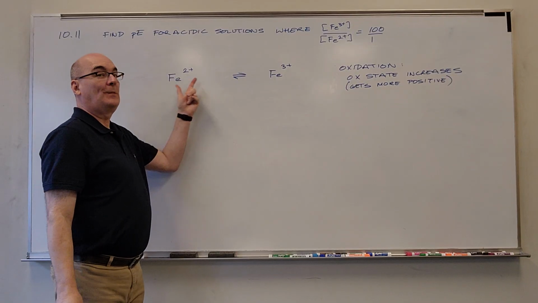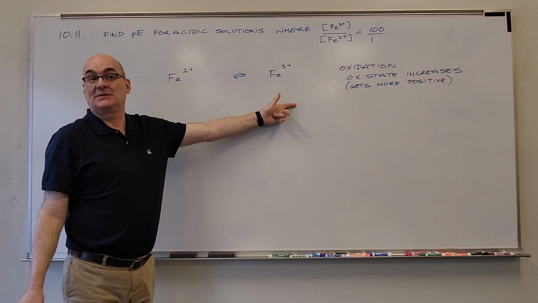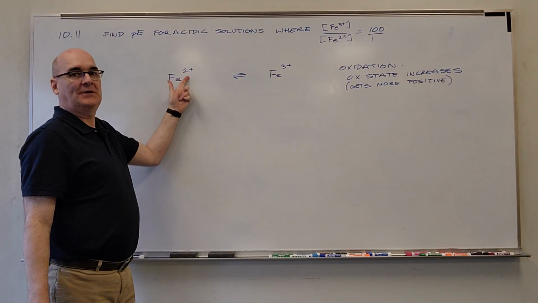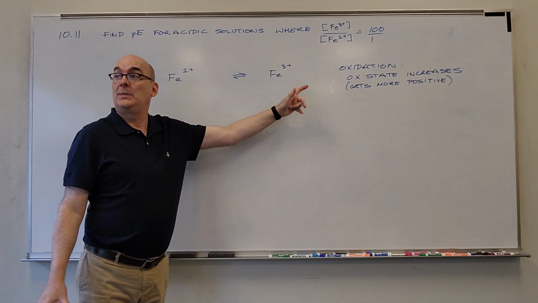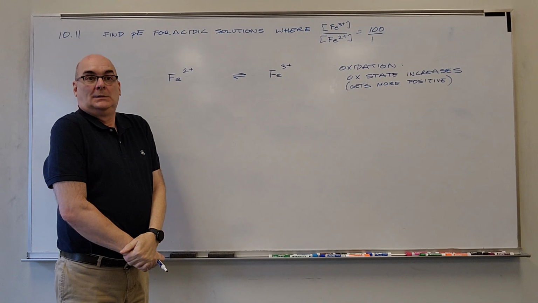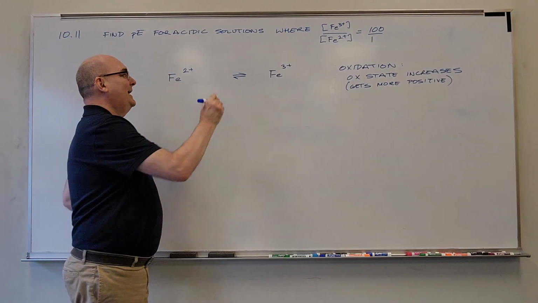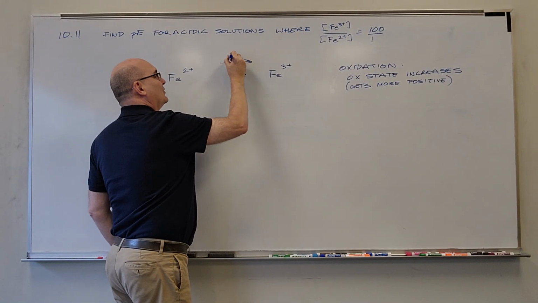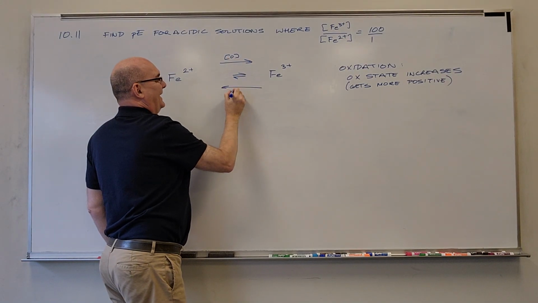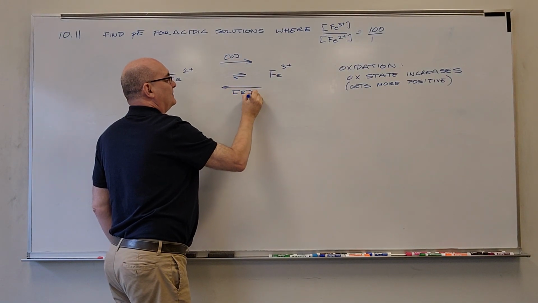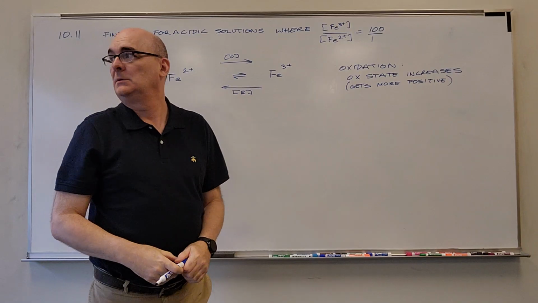So to go from left to right, to go from 2 plus to 3 plus, I have made this number become more positive. So this direction is an oxidation. That direction is a reduction.